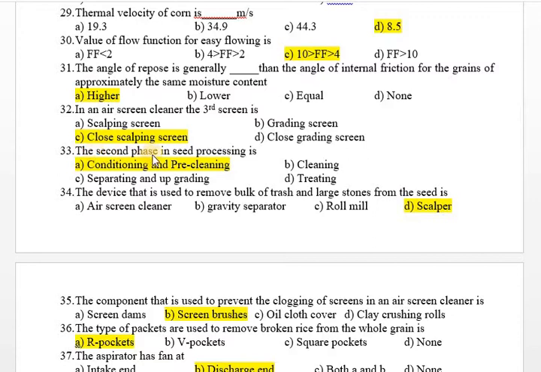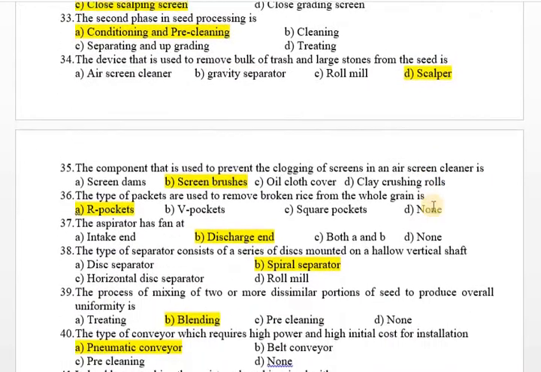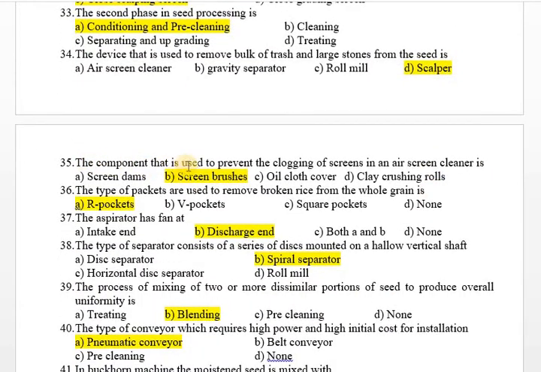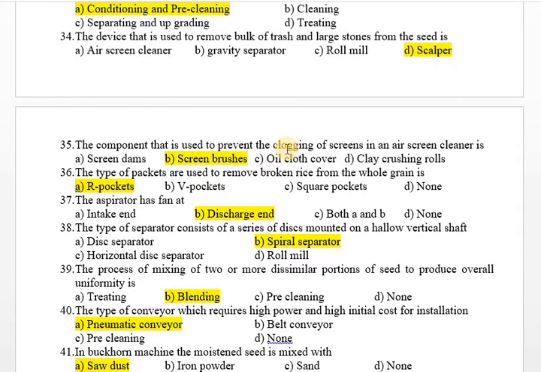Next, the second phase in seed processing is conditioning and pre-cleaning. The device used to remove the bulk of trash and large stones from the seeds is called the scalper. The component used to prevent the clogging of screens in an air screen cleaner is screen brushes.